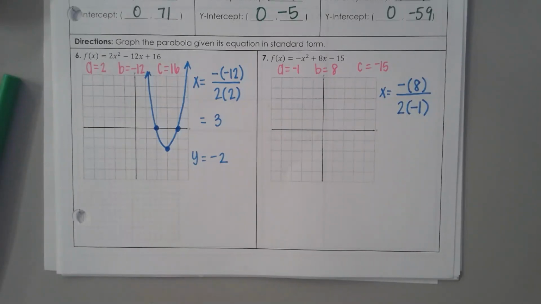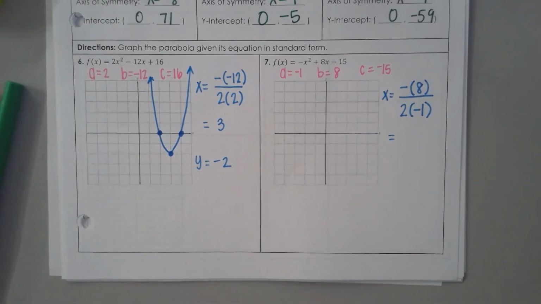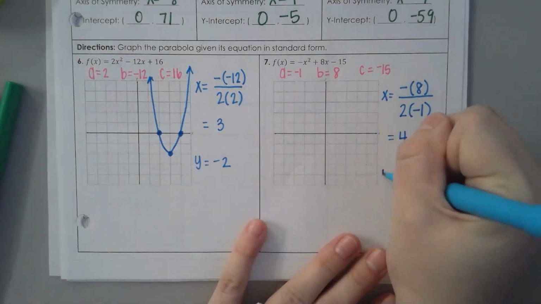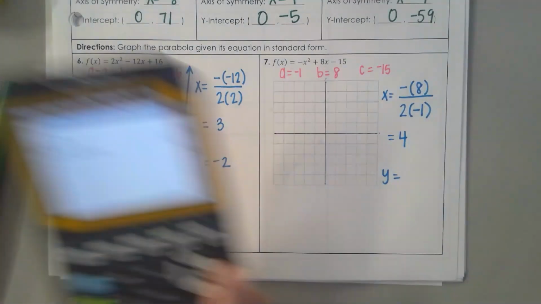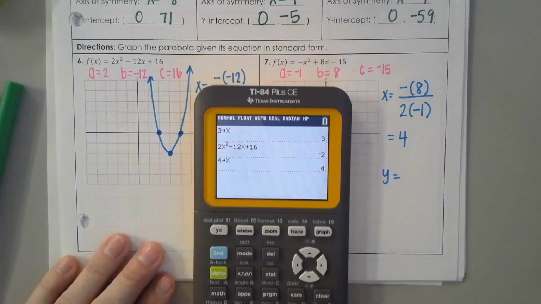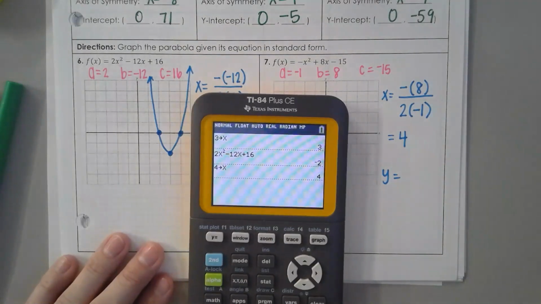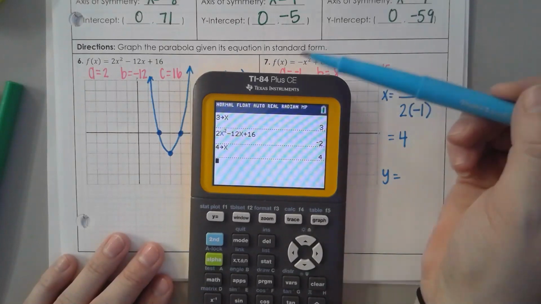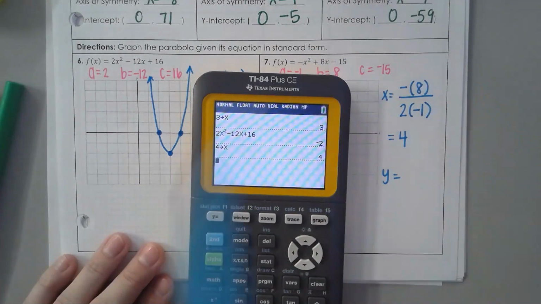What do I need to put? You should just always put the parentheses. Negative or just 4? Positive. Yep, it is positive 4. And then you can store that, because that's my x. And then type in this expression.